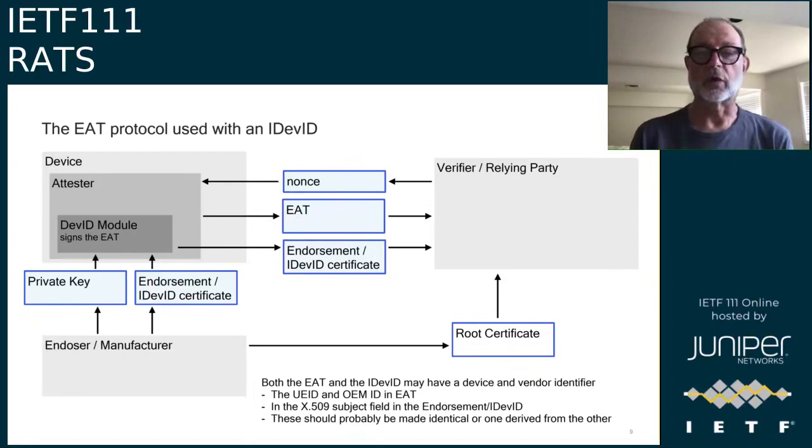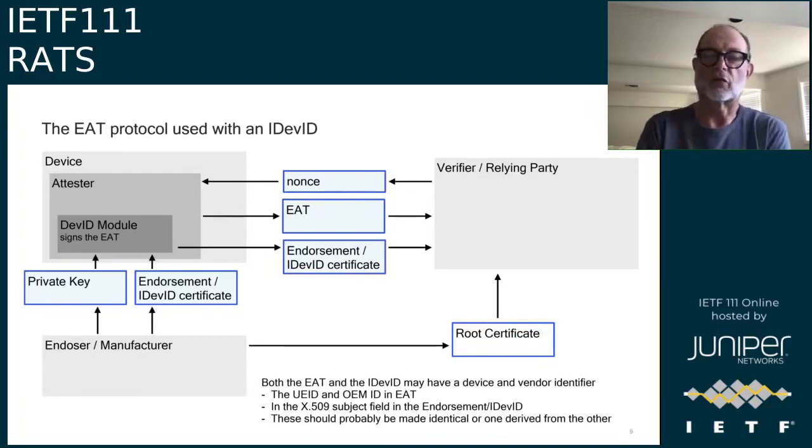One interesting thing to note is that Dev ID endorsement certificates have a serial number of the device, not of the certificate, but of the device in the X509 subject field. If they have that in the subject field, and there is also a UEID, I would expect those two to be coordinated somehow, so they're basically the same, or one is derived from the other, so there's not conflicting identifiers arriving at the relying party.